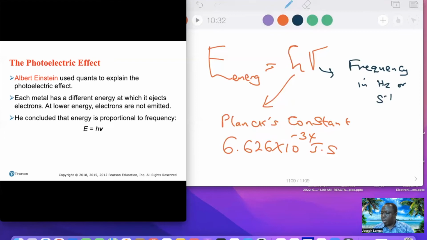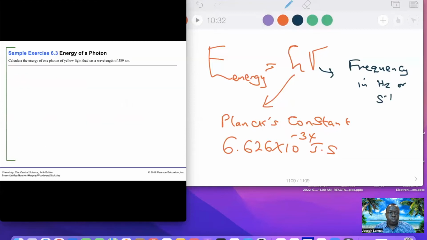So here we can calculate the energy of one photon.